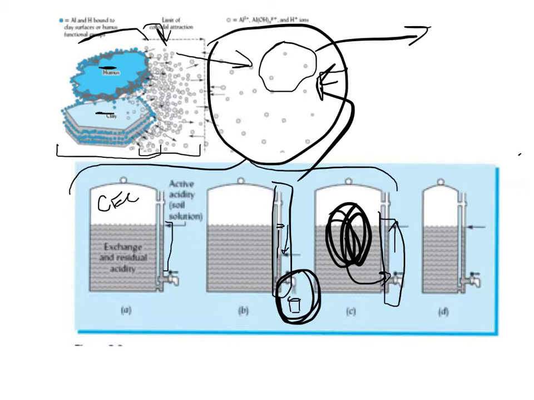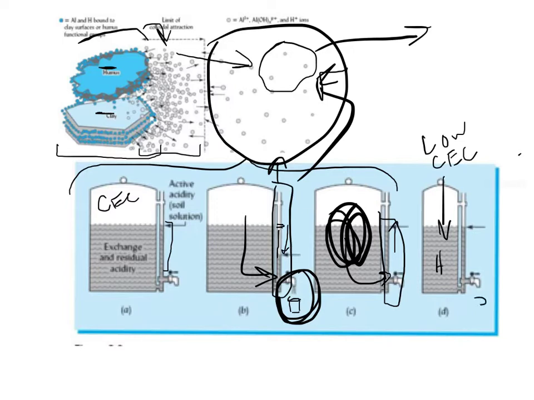Okay, so that's how a high CEC works. This is why CEC is also important to pH, not just the fact that we can hold nutrients on them. It's also important because if we have a high CEC and we have a high amount of hydrogen or aluminum on that CEC, it's going to be a long time before we get rid of all the active acidity ions right here, because it's filled from this big pool of CEC. On the other hand, this one over here has a low CEC. It doesn't have very much capacity to hold hydrogen ions.